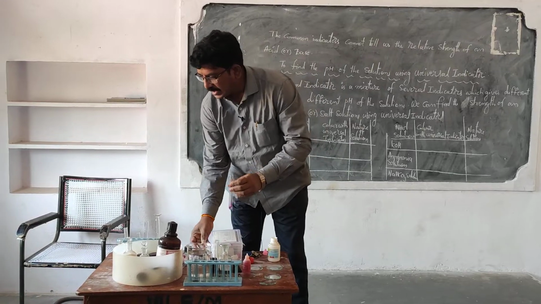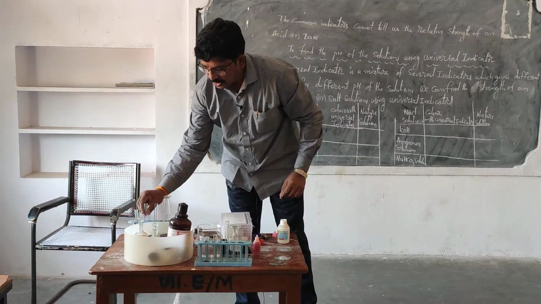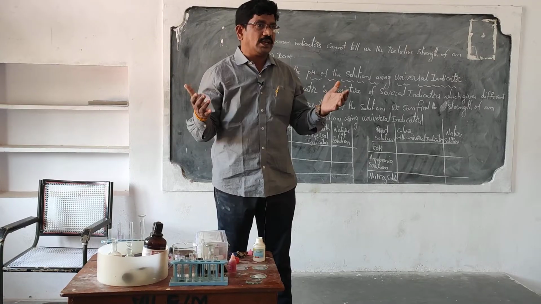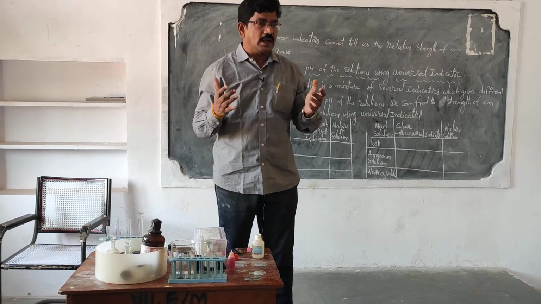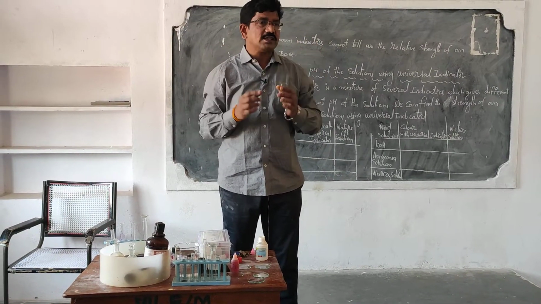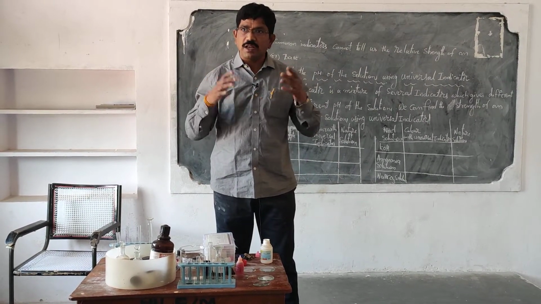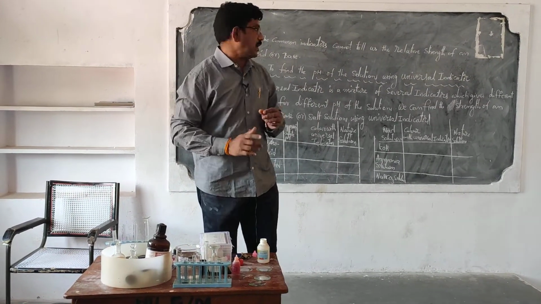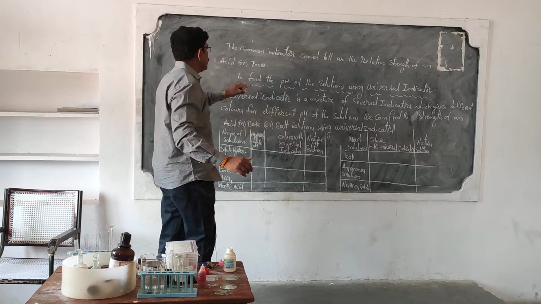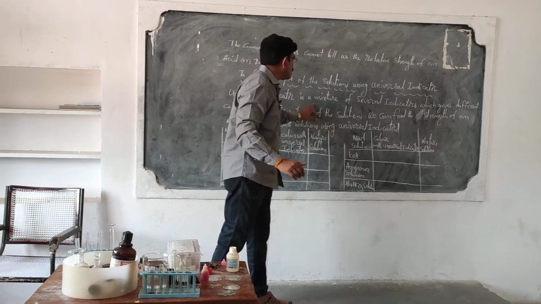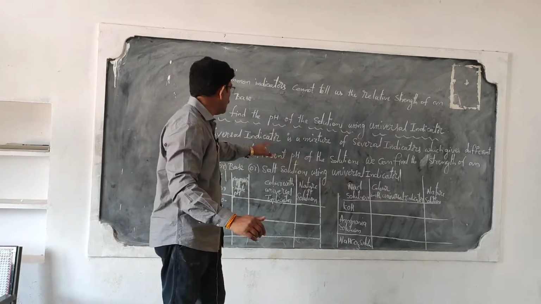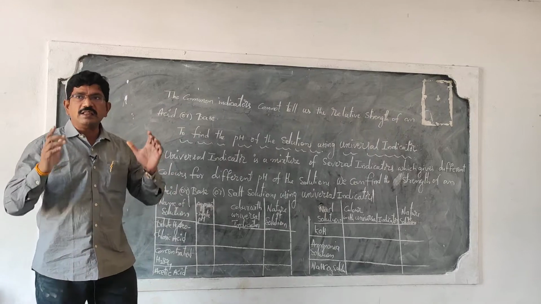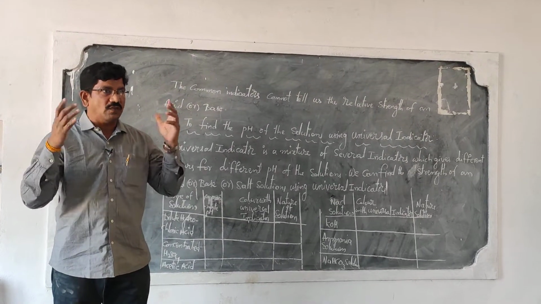So with the help of ordinary indicators, you can say that the given solution is an acid or a base. But how acidic or how basic, you cannot say that. To find the strength of an acid or a base or any solution, we use the universal indicator. What is a universal indicator? Universal indicator is a mixture of several indicators. It is used to test the strength of an acid or a base or the given solution.